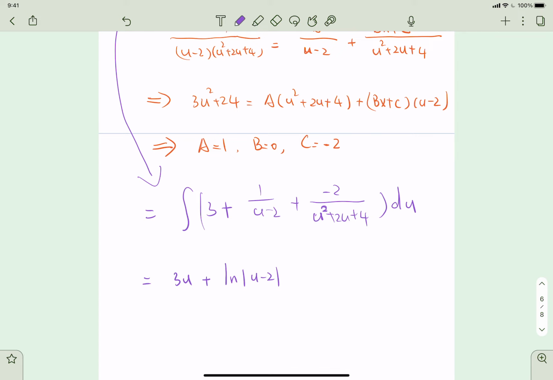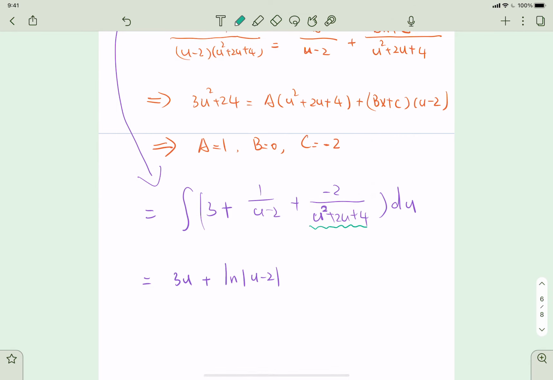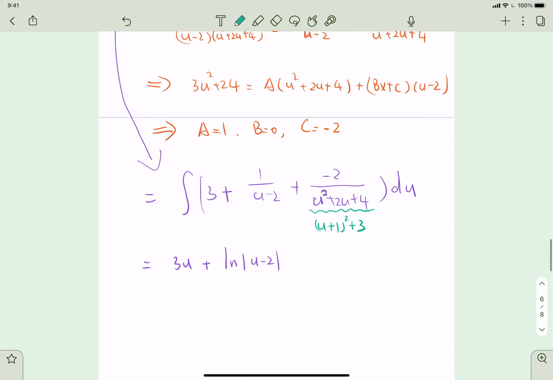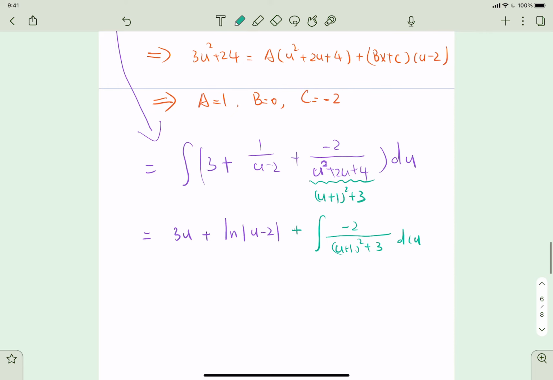And the last term, this term here, we're going to notice that this thing can be changed to u plus 1 squared plus 3, right? So we can write that one more step. So plus this negative 2 over u plus 1 squared plus 3 du. Okay, du. And since du is same as d of u plus 1, right?